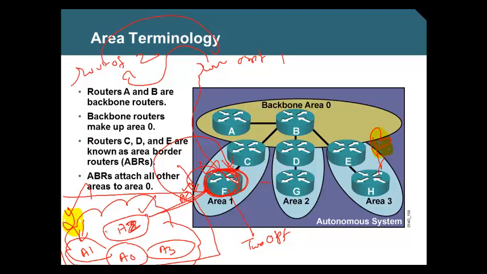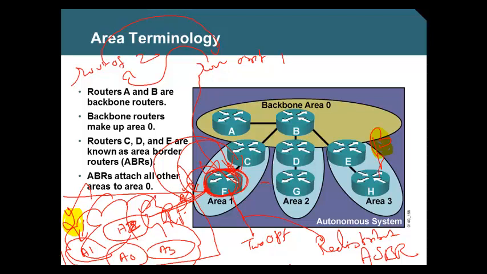If you don't like OSPF, you may have EIGRP here. Then you need to redistribute from EIGRP to the OSPF. And we call the router where you have redistribution done between these protocols an Autonomous System Border Router, ASBR.